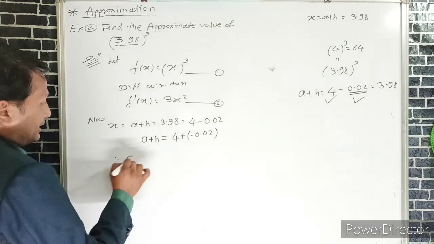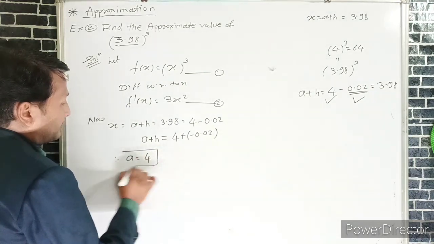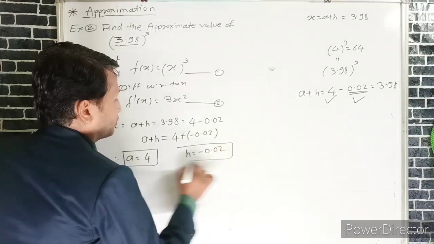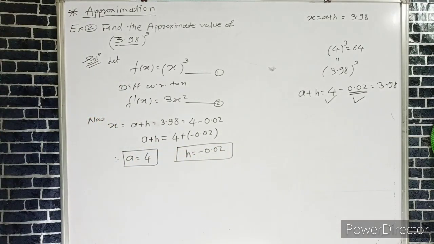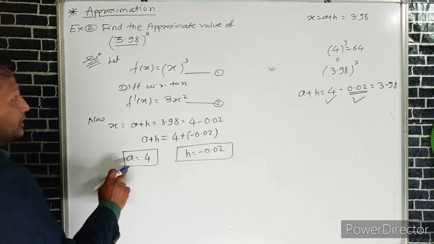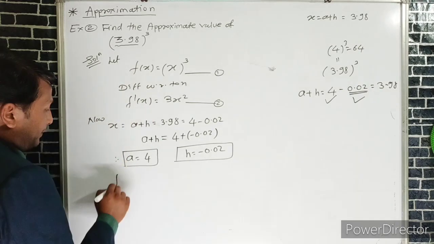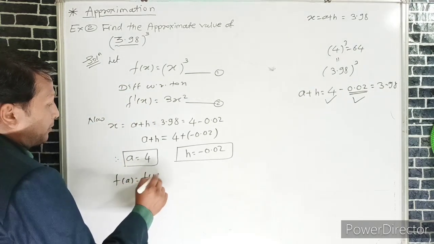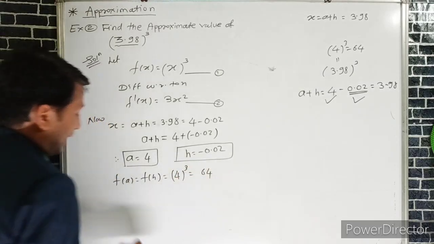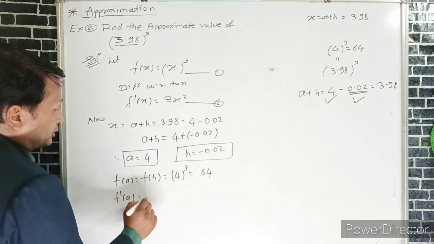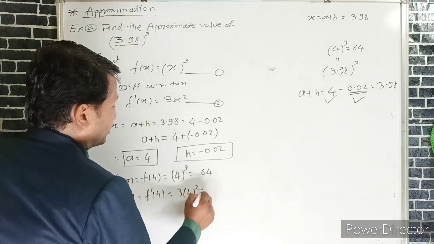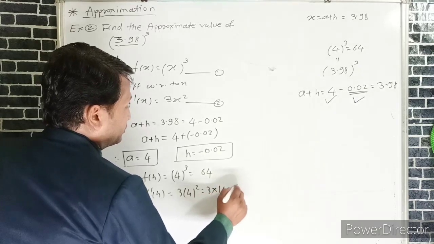So here a is equal to 4 and the value of h is equal to minus 0.02. Both values of a and h, minus 0.02, we can find first. At x is equal to a, the value of f of a, or value of f of 4, is equal to 4 cube, which is 64, and f dash of a is equal to f dash of 4, which is 3 into 4 square. 3 into 4 square means 16, which is 48.